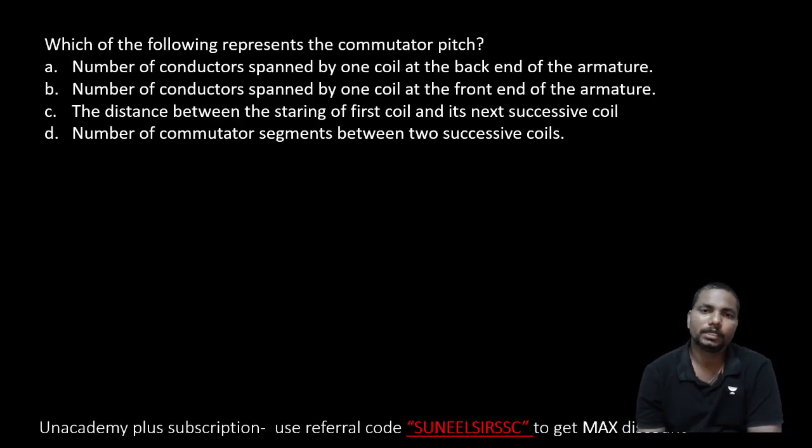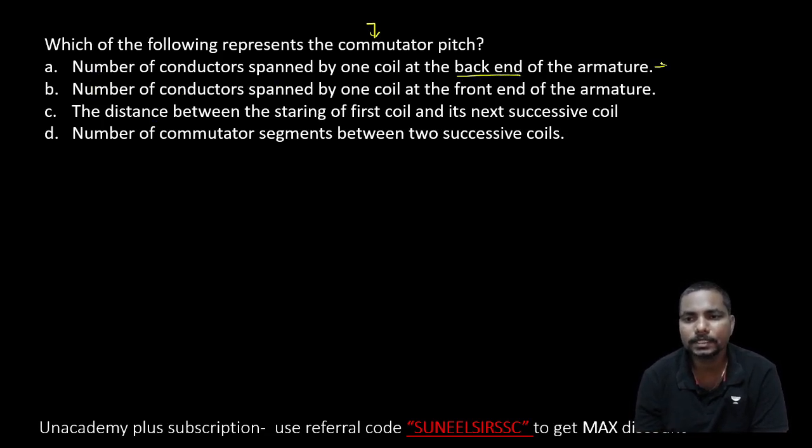Very important. Which represents the commutator pitch? Coming to the first option, the number of conductors spanned by one coil at the back end. Back end in the sense it is the definition of back pitch. The number of conductors spanned by one coil at the front end of the armature is the front pitch.